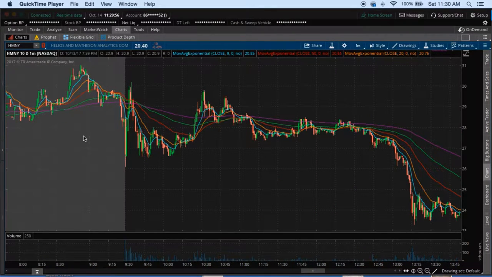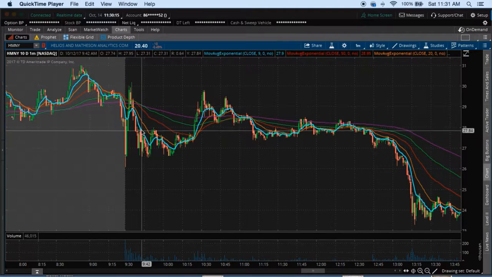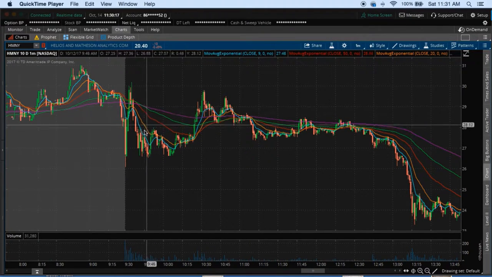So in the last video pertaining to moving averages, we covered the 9 moving average. And prior to that video, I touched more on the fact that moving averages are support and resistances intraday, right? So we know that the moving averages act as a support and a resistance.